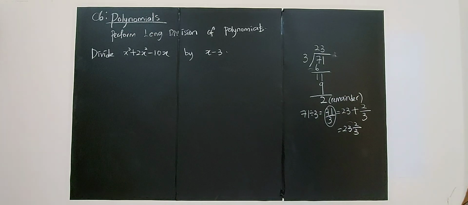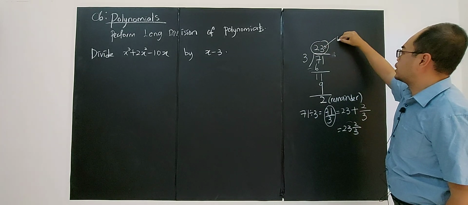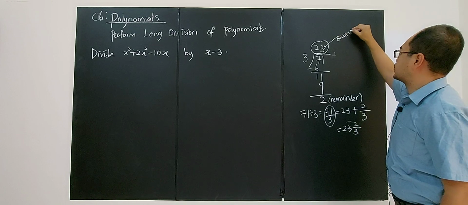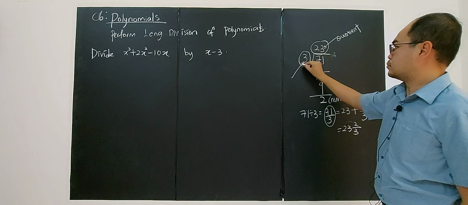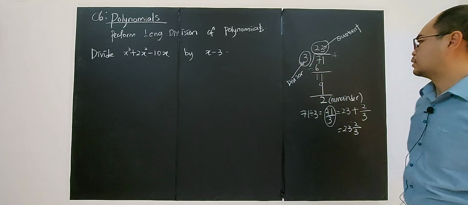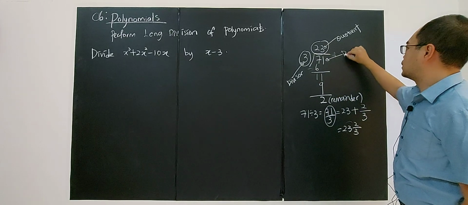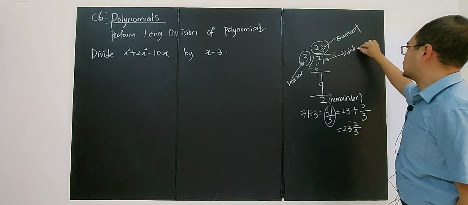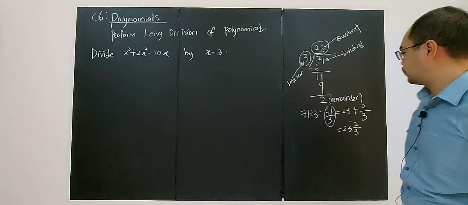Before that, I'm going to introduce the names for these. This one is the quotient. This one is your divisor. And this is your dividend, or in this case, your polynomial.